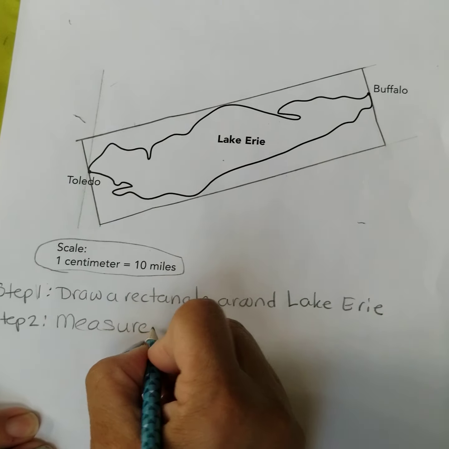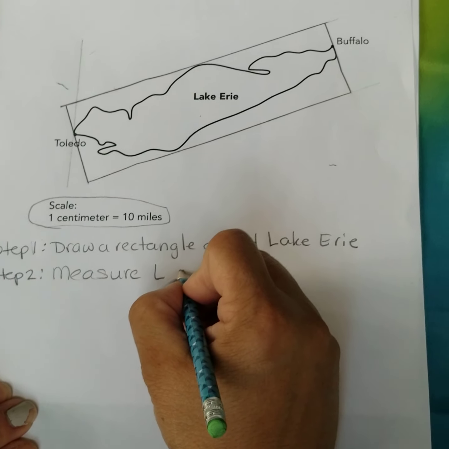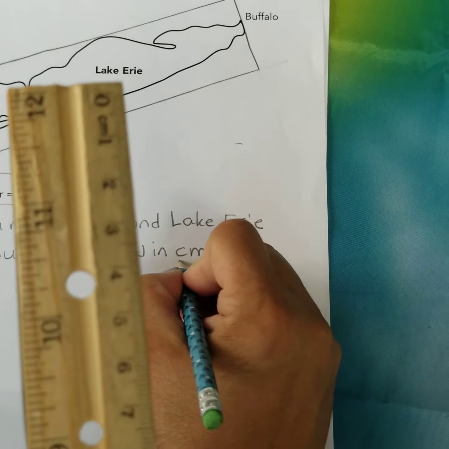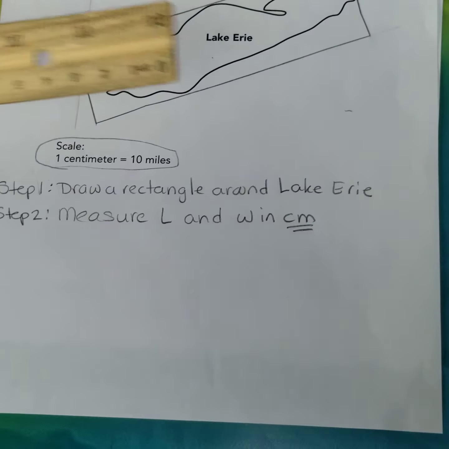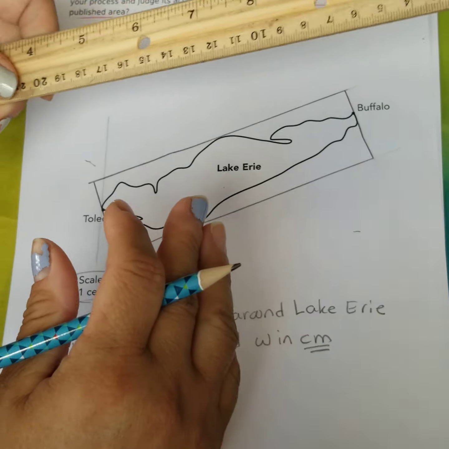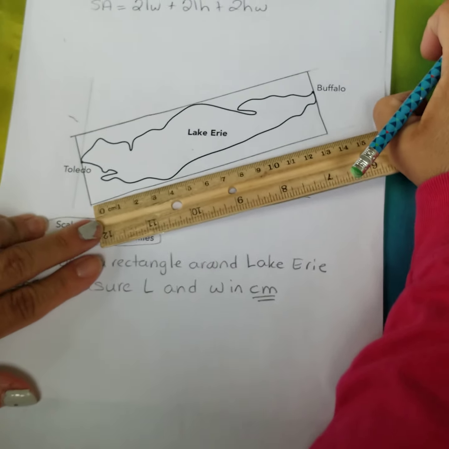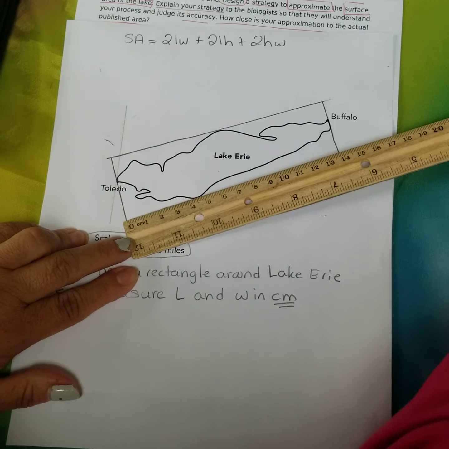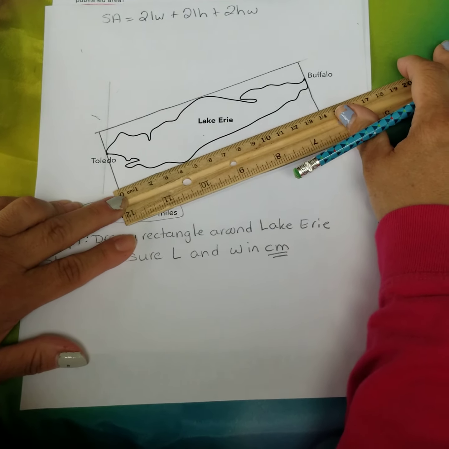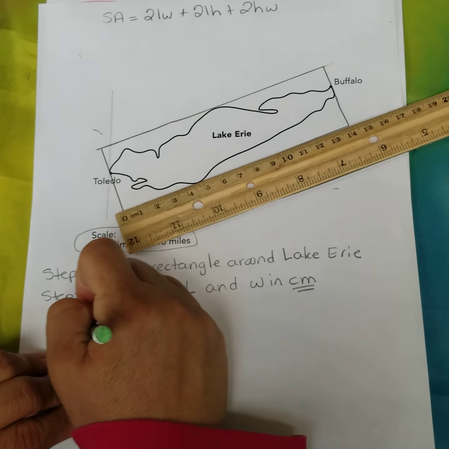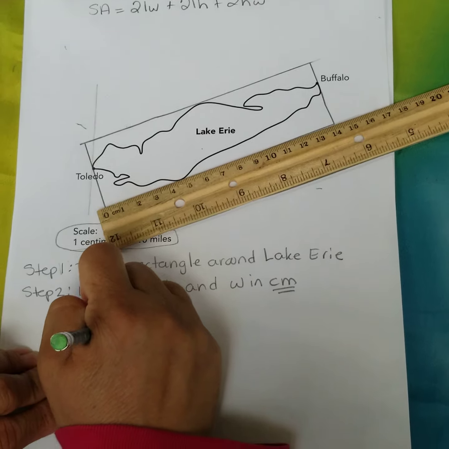You're going to measure your length and your width in centimeters. Okay. So centimeters are on this side of my ruler. So this actually is 14 centimeters. So the length equals 14 centimeters.